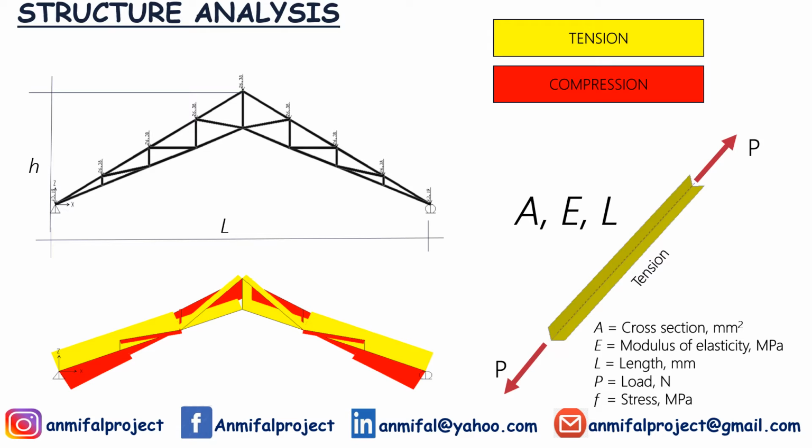We have two types of normal or axial loads: tension load and compression load. That's why we have three parameters for the truss structure element. What are they? They are A for the cross section of the member, E for the modulus of elasticity of the member, and L for the length of the member.